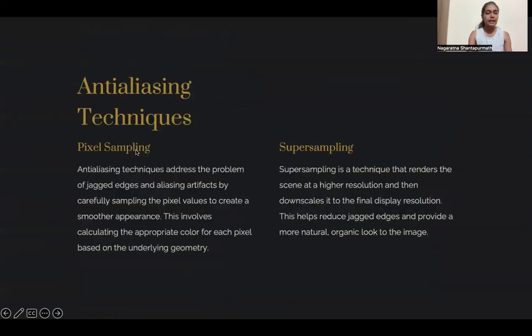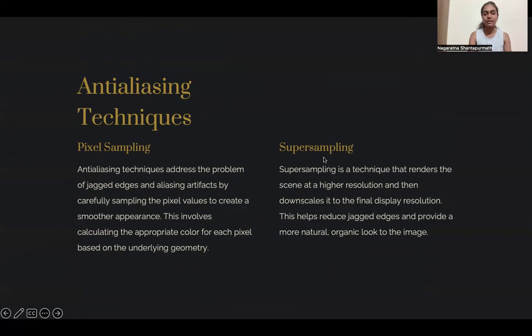Then the anti-aliasing techniques are pixel sampling and super sampling. Pixel sampling addresses the problem of jagged edges and aliasing artifacts by carefully sampling the pixel values to create a smoother appearance. It involves calculating the appropriate color for each pixel based on the underlying geometry.